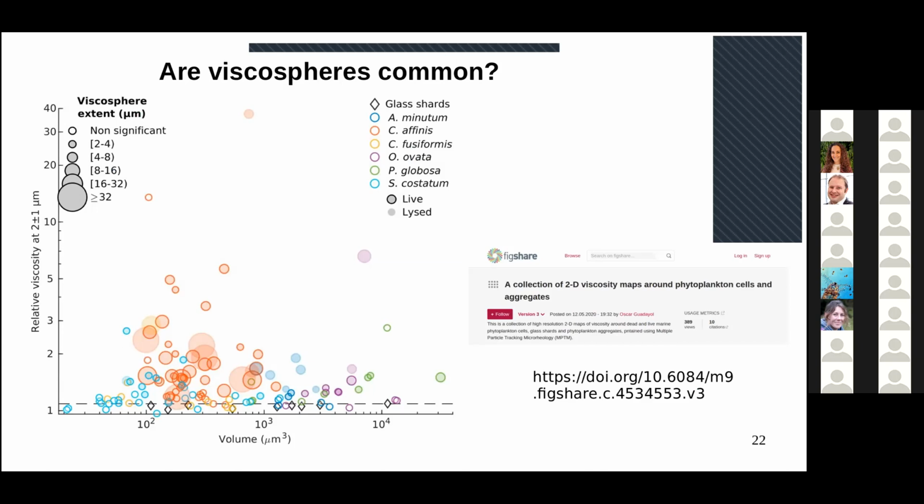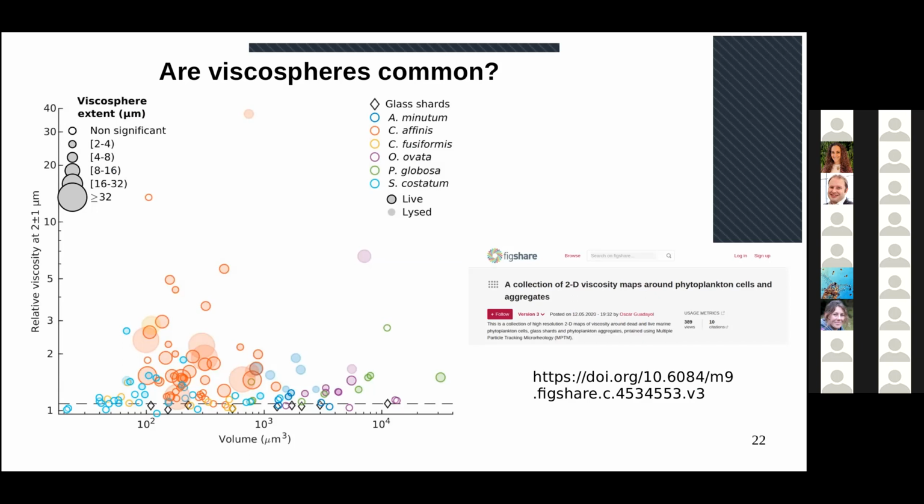And I have to say we don't know, because so far we have only worked with phytoplankton cultures, but it was remarkable how common they were within our universe of samples. We tested Alexandrium minutum and Ostreopsis ovata, which are dinoflagellates.